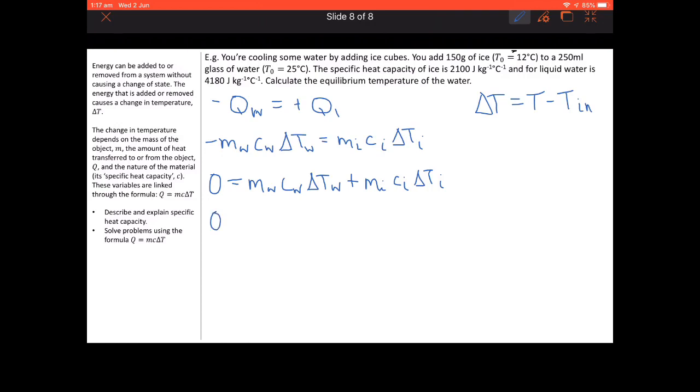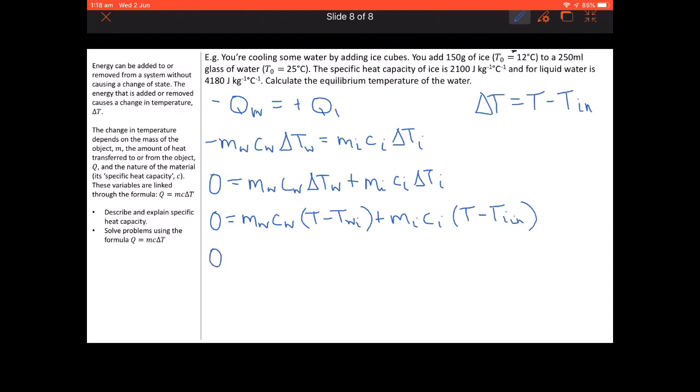So this will mean that 0 is equal to the mass of water multiplied by the specific heat capacity of water multiplied by the equilibrium temperature minus the initial temperature of water, plus mass of ice, specific heat capacity of ice multiplied by the equilibrium temperature, which will be the same as water as it is for the ice, minus the initial temperature of the ice.